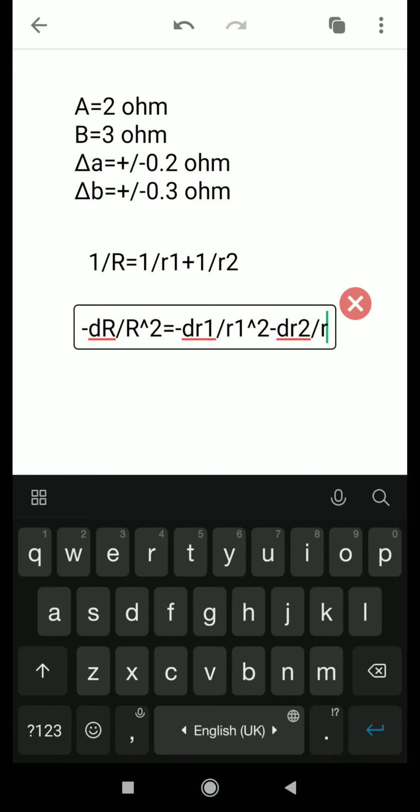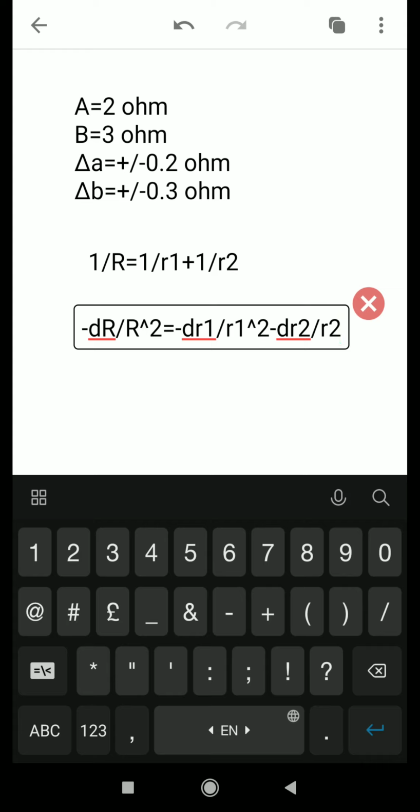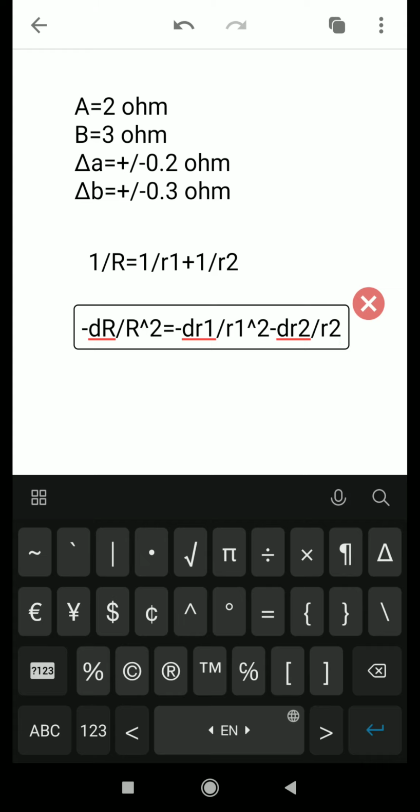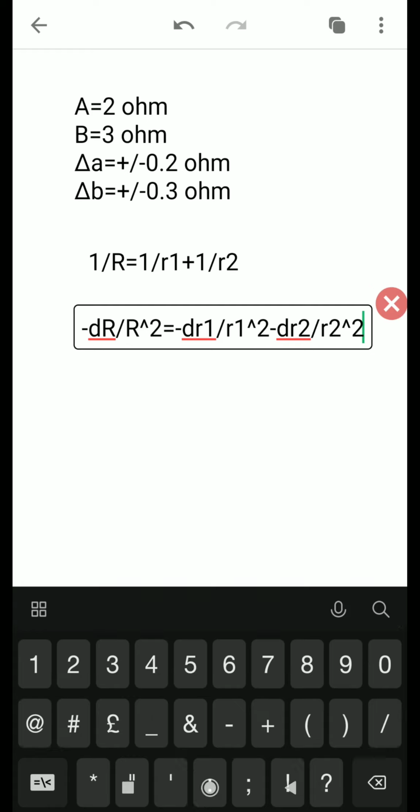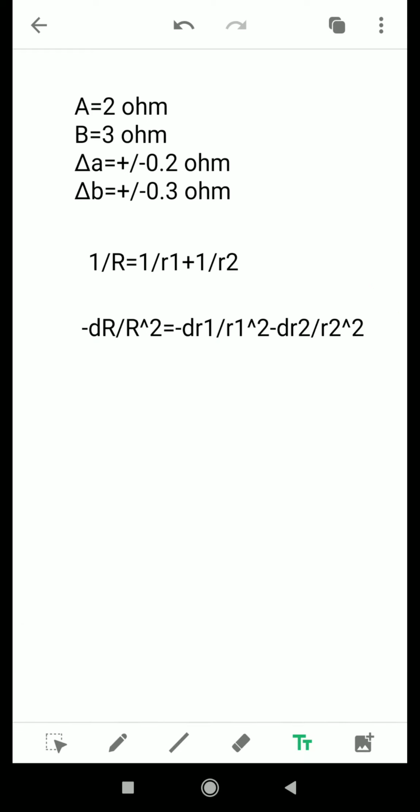Clear? So you get the relationship by taking the differential of both sides.